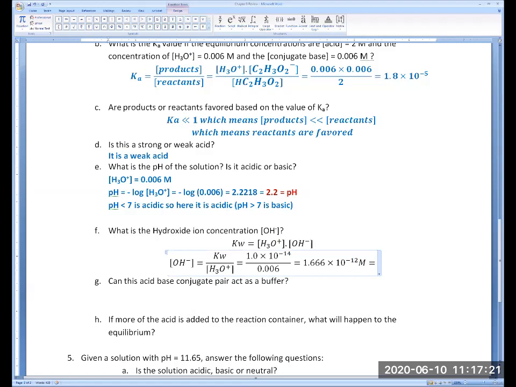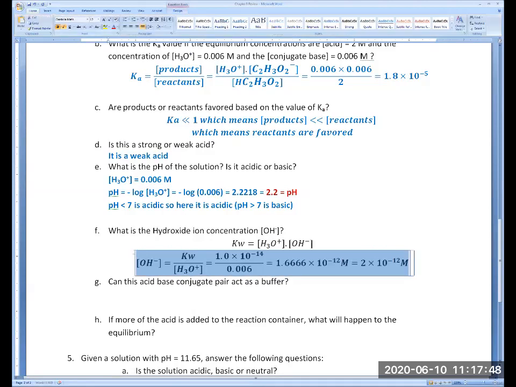What would be the value of the decimal part here? 2. Yes. The 2 will come here. And then we can rewrite that: 2 times 10 to the negative 12 molar. That's the concentration of OH minus. So that's how you would calculate the OH minus concentration.